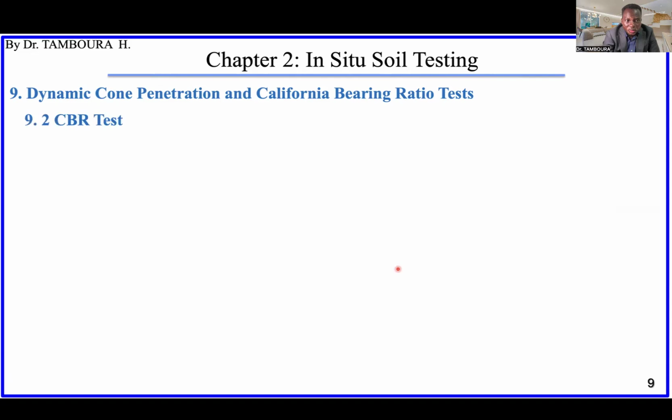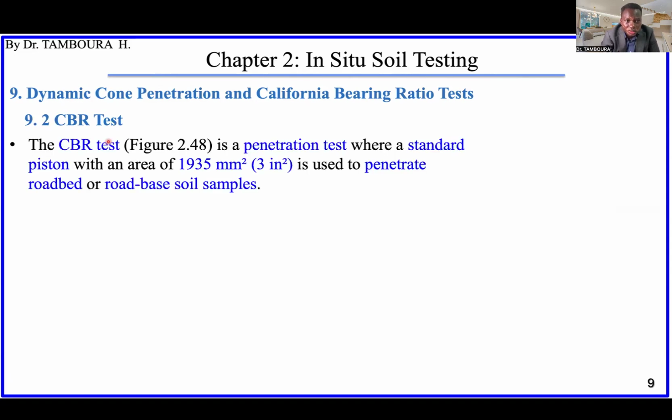Okay, so let's now talk about the Californian bearing ratio test. How does it work? What is it? I think you know this one already. Maybe you have been talking about this in soil mechanics, but we are going to see it here also.